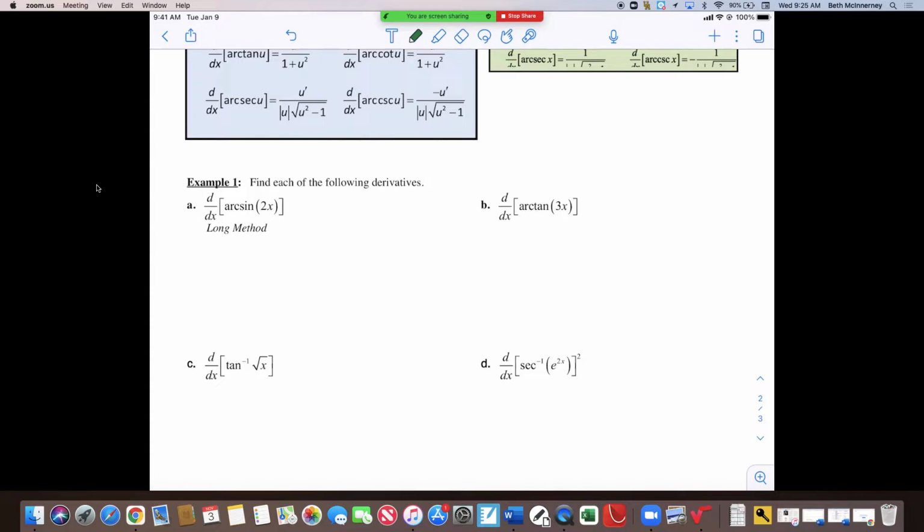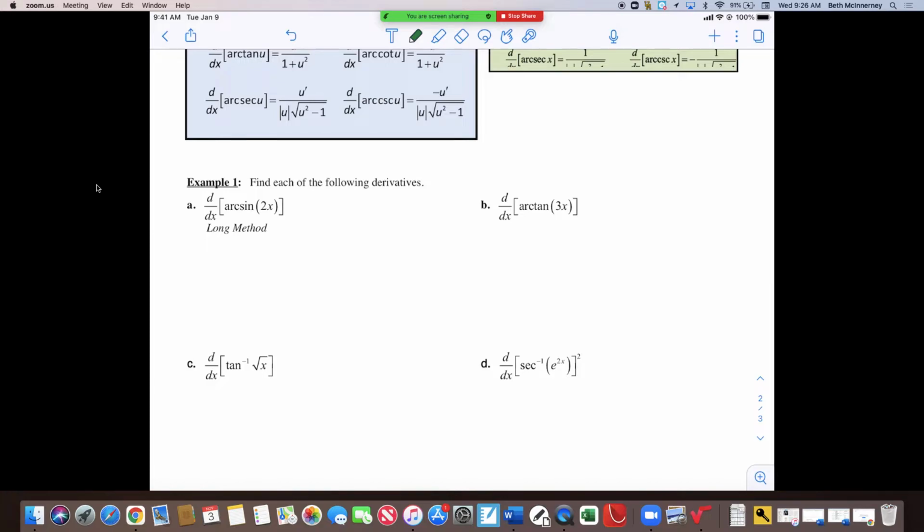And I would rather build you that way than memorizing, but I'll tell you, arc sine, arc cosine, arc tangent are the most commonly seen. I don't know that I've ever seen arc cosecant or arc cotangent on the AP exam. Just saying.